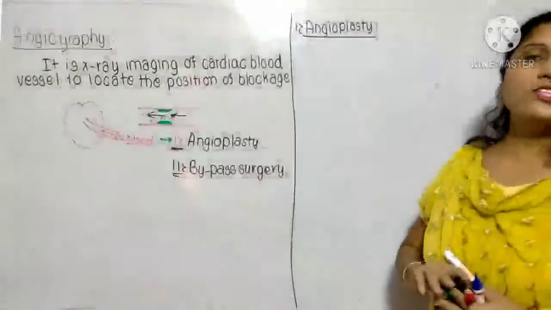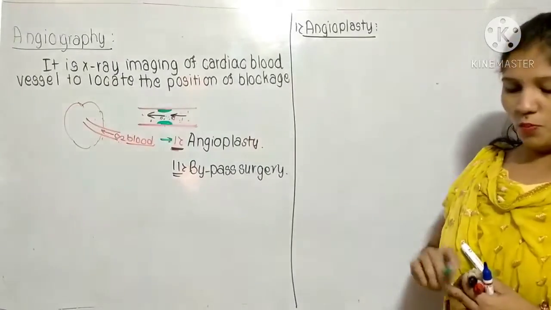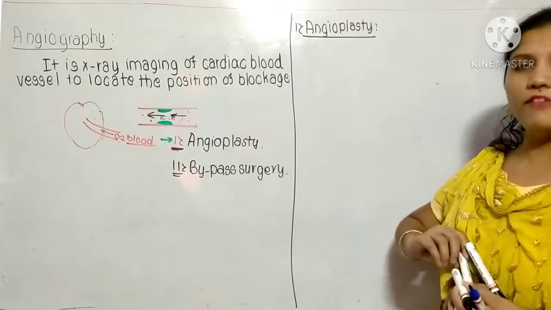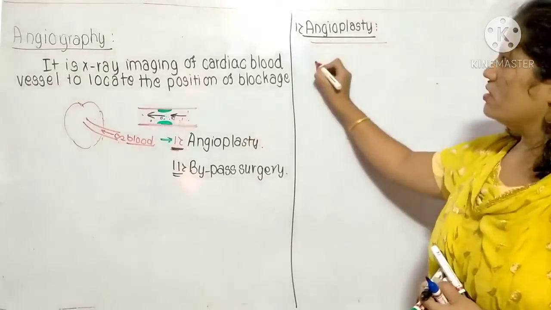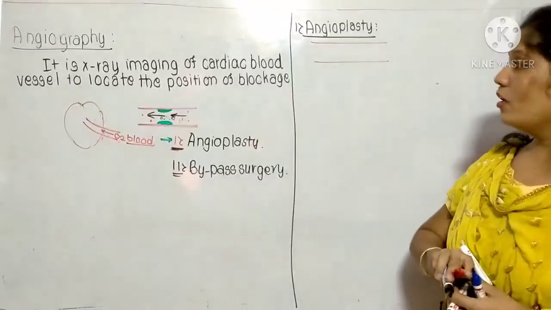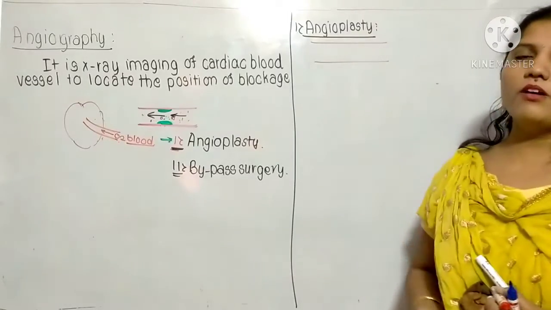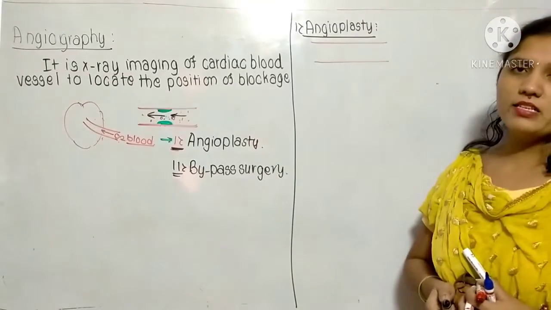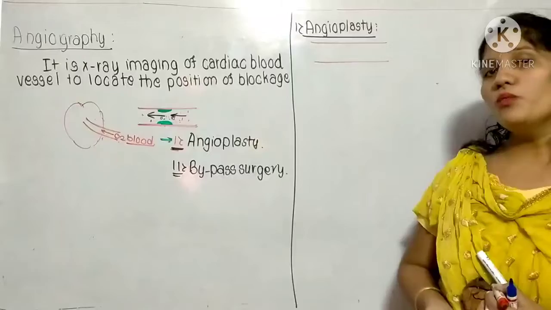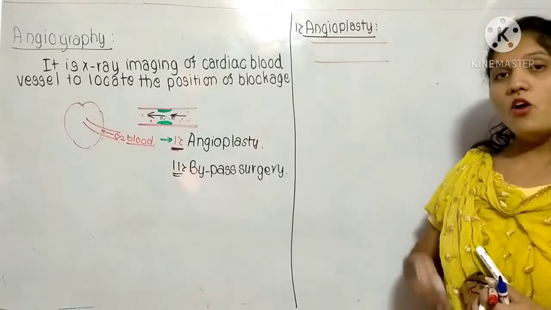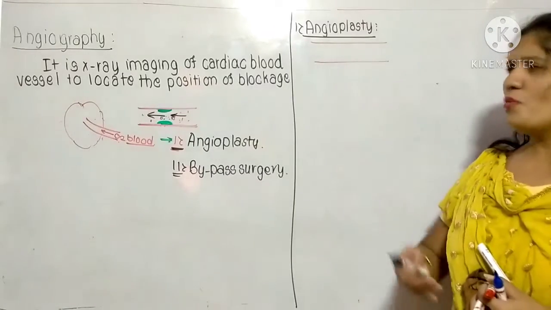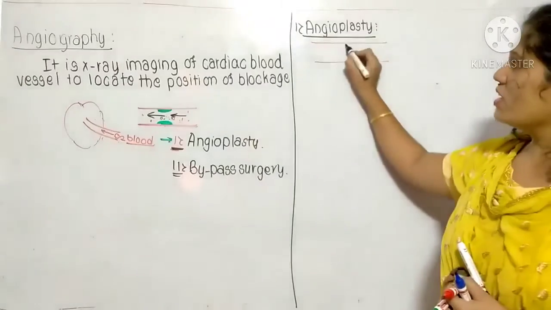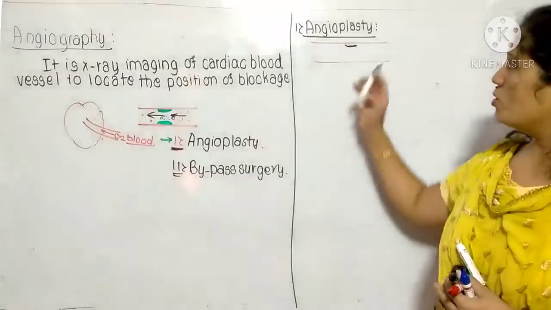In angioplasty, suppose there is a blockage of a blood vessel. There are many factors for this blockage of the artery: age is one factor, a person consuming too much alcohol is another, and hormonal changes as well.